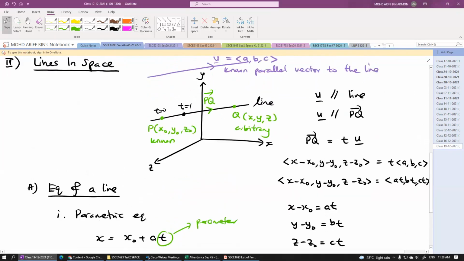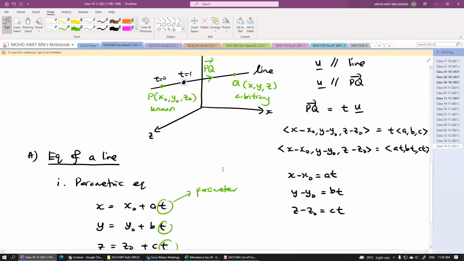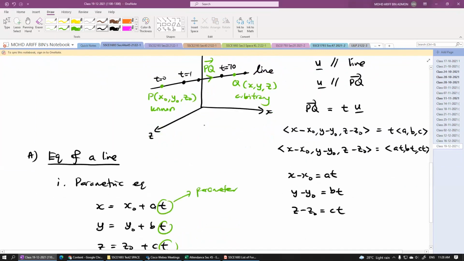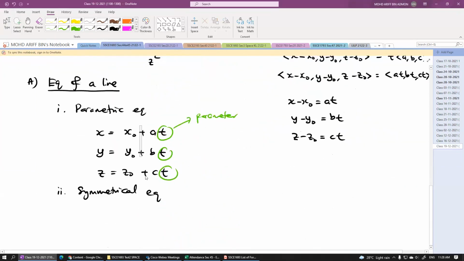Then you substitute t equal to negative 10, maybe somewhere here, and you get another point x, y, z, that is your Q, an arbitrary point. If we connect all the points, we get this line. Remember, plus, plus, plus.